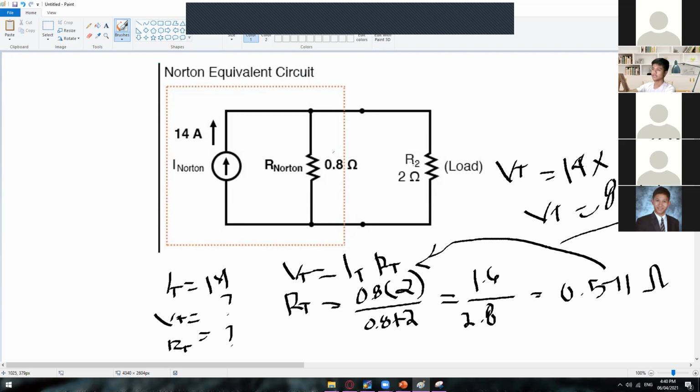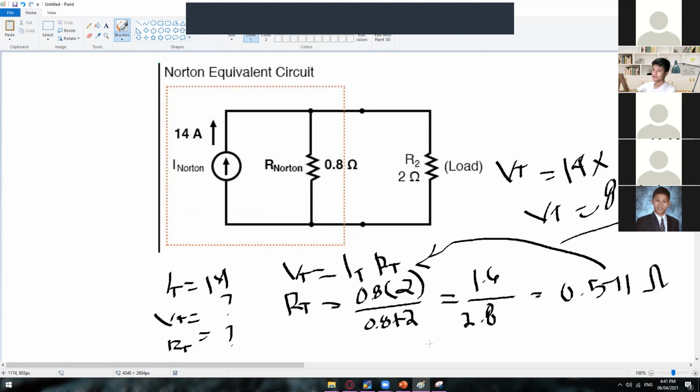That is the voltage on this entire circuit, or the voltage across R2. So that's how we got the V total using Ohm's law only. Very simple. Thevenin's theorem and Norton's theorem are basically Ohm's law.